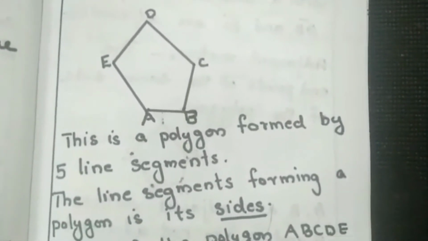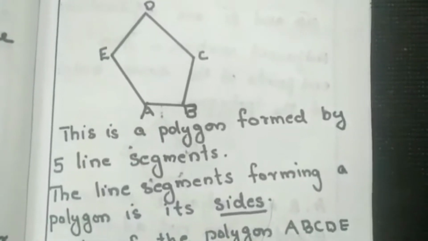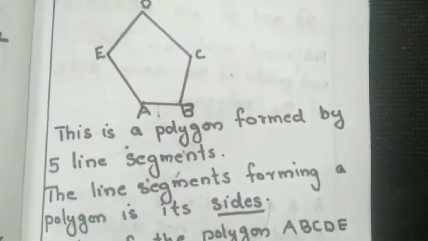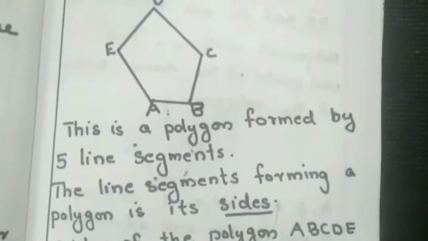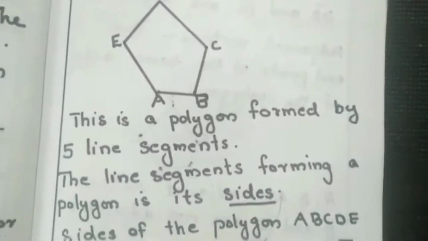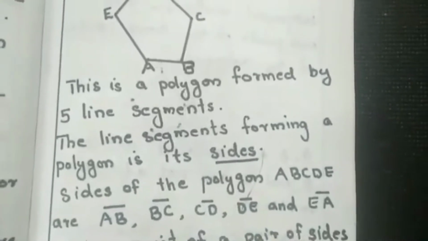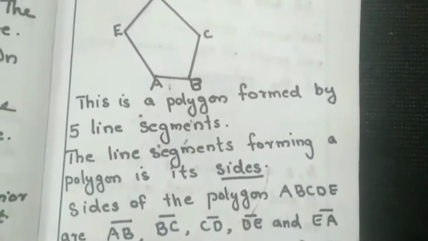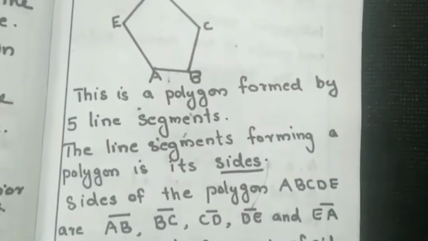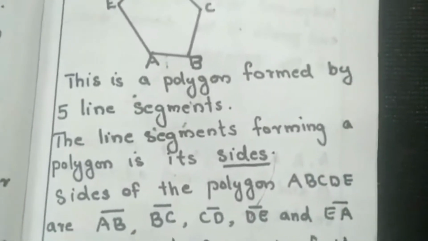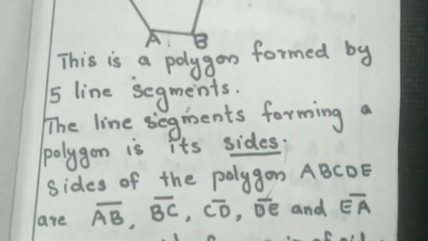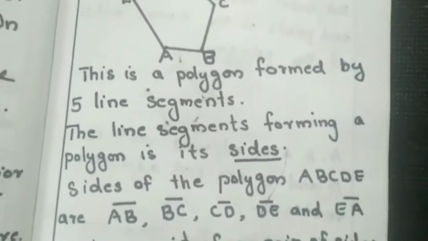The line segments forming a polygon are called its sides. How many sides are here? 5 sides. The name of the polygon is ABCDE, and its sides are AB, BC, CD, DE and EA.